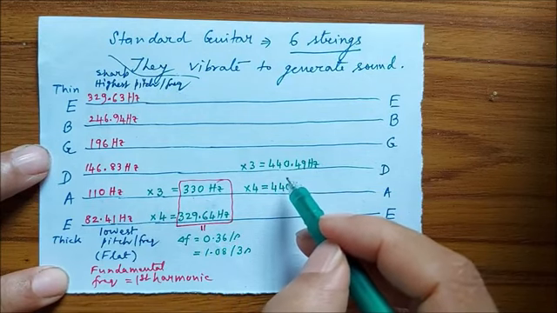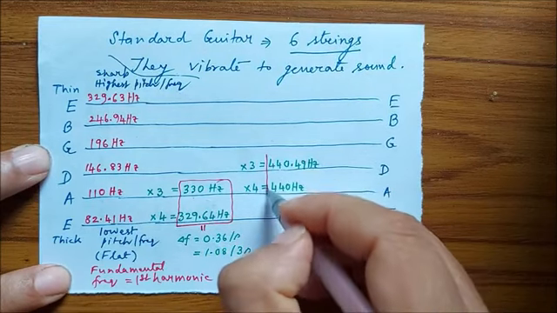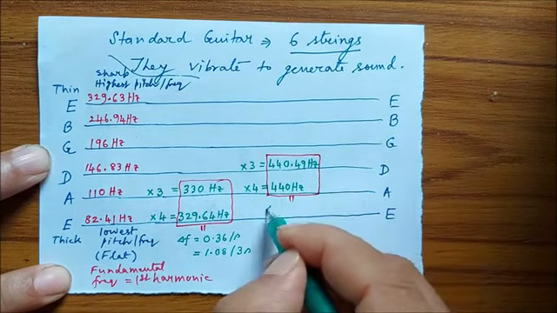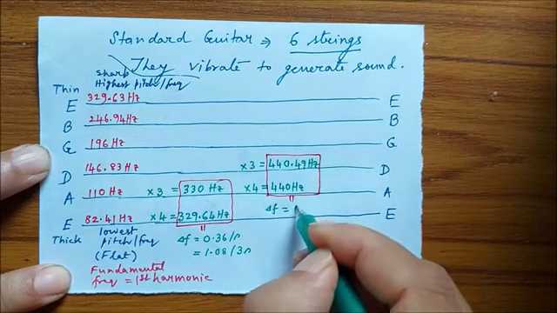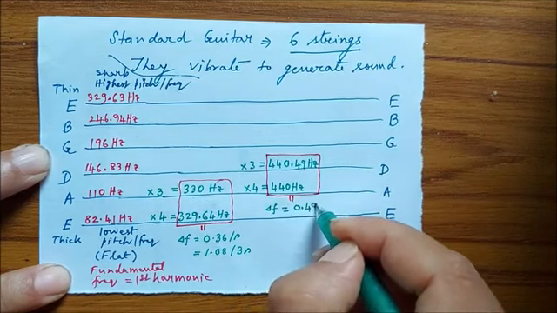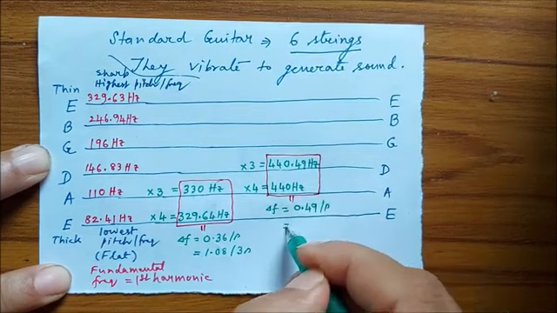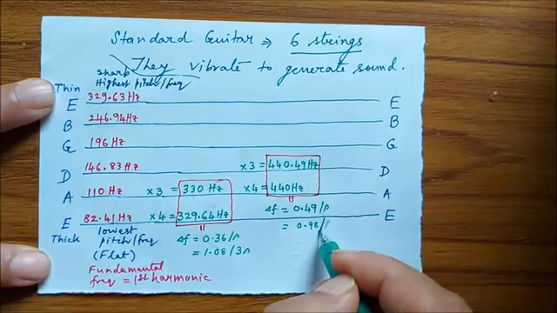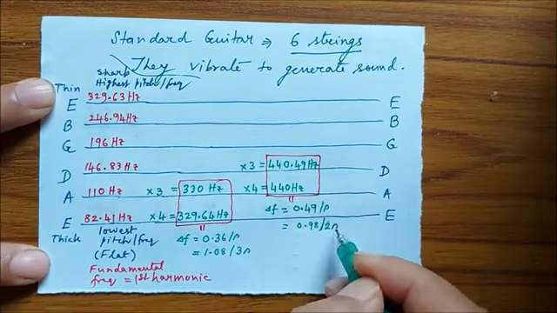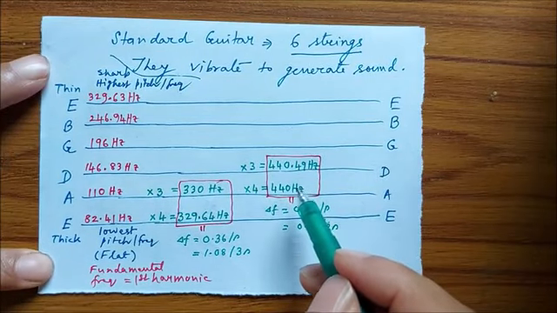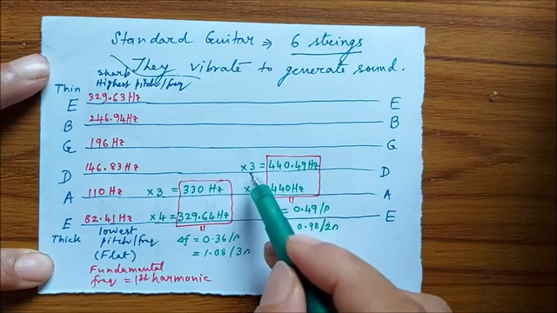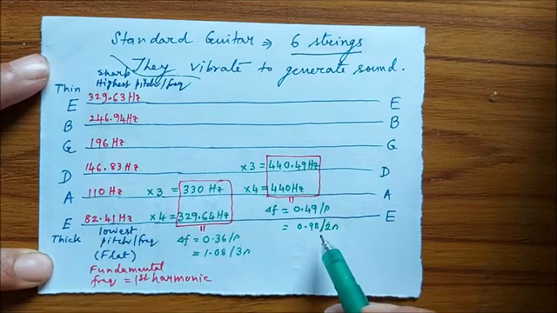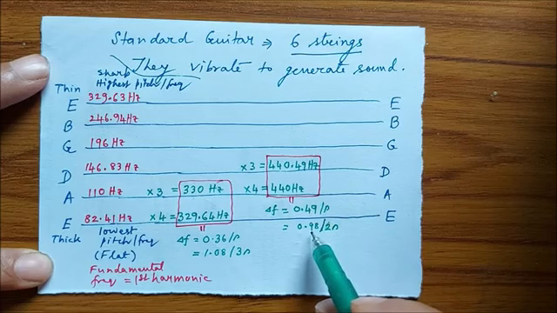They are slightly different in frequencies, and the beats they produce will be delta F, and the difference is 0.49 per second, and if we multiply by 2 we get 0.98 per 2 seconds. So when struck simultaneously to generate the third harmonic for D and fourth harmonic for A, the number of beats heard in 2 seconds will be 1.